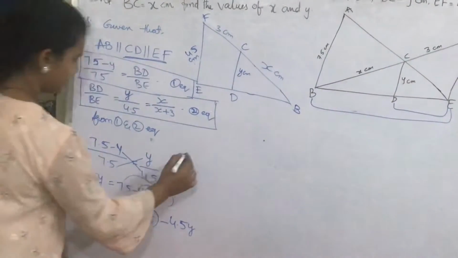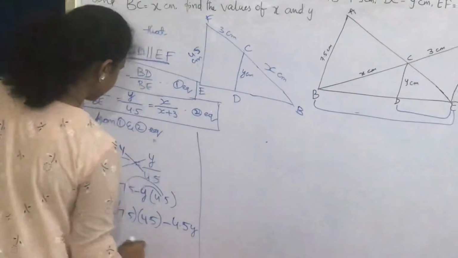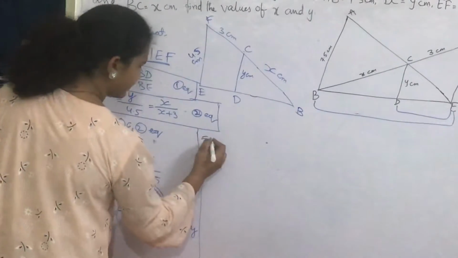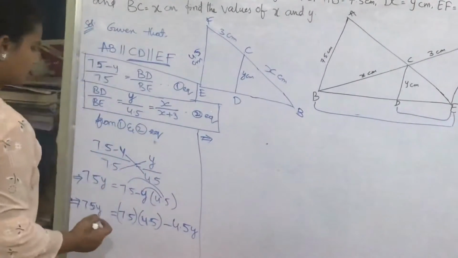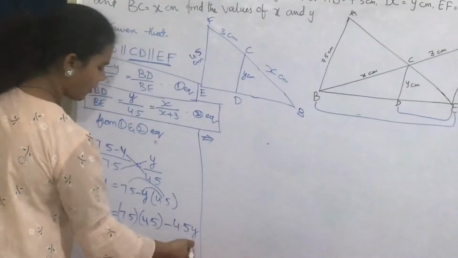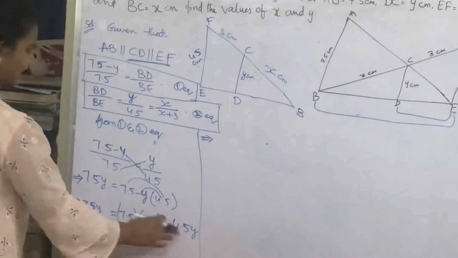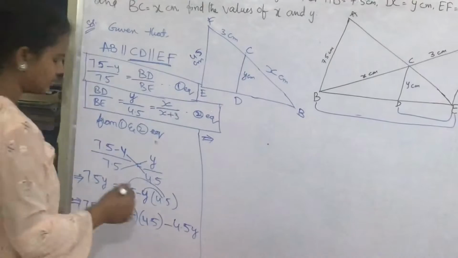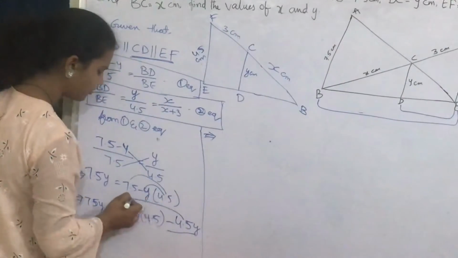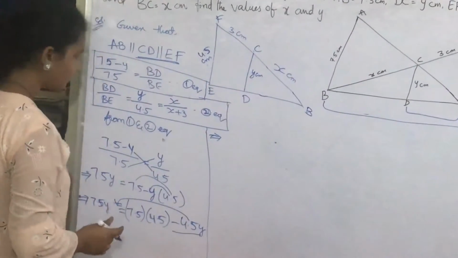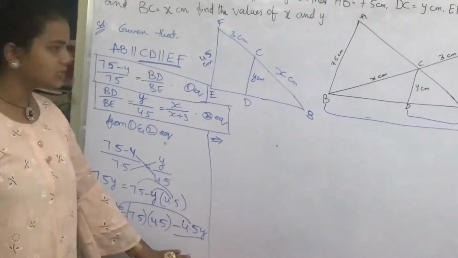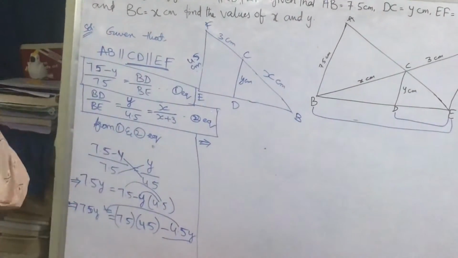Done. Let me write down the next step over here. Now here I have minus 4.5y, so let's make the y values equal. Let's transpose this minus 4.5y to the other side. If we transpose minus to the other side, this becomes plus.